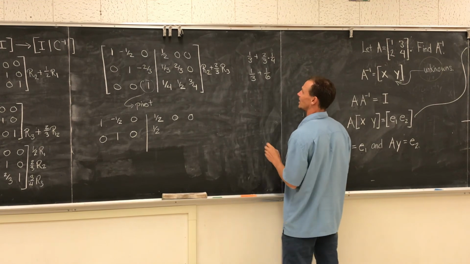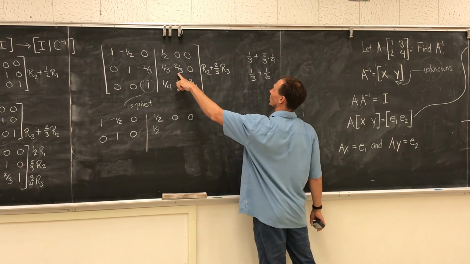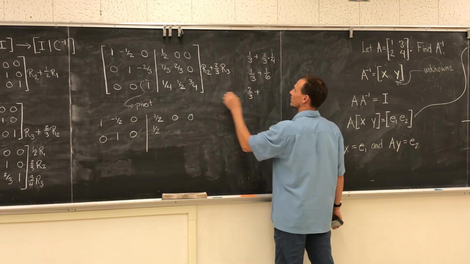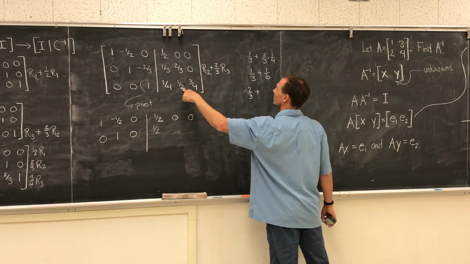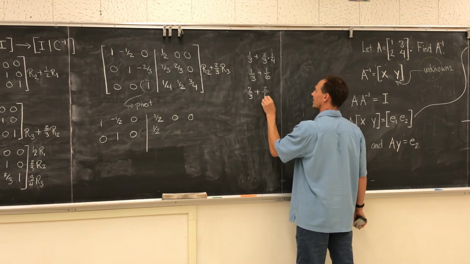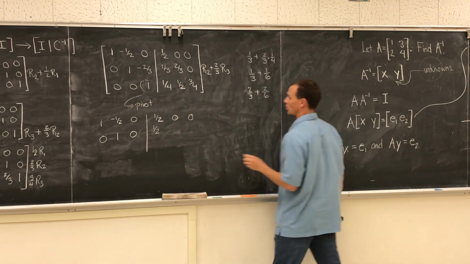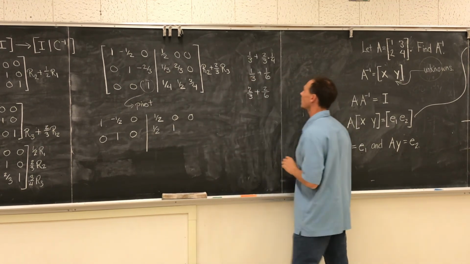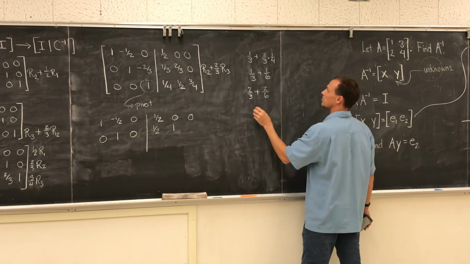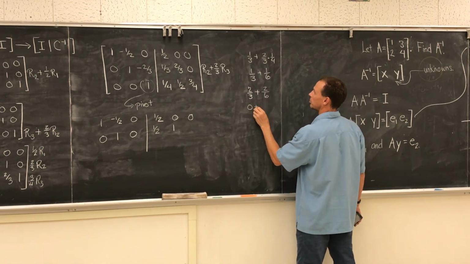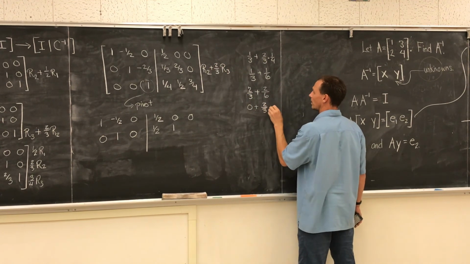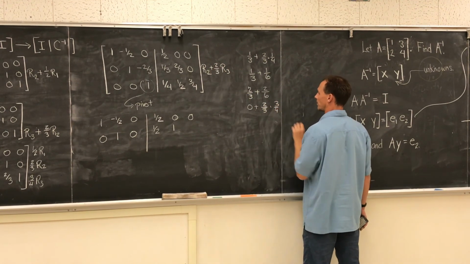Okay, and then we do this again. So now I'm going to have 2/3 plus 2/6, which is 1/3, so that's 1. And then I'm going to have 0 plus 0 plus 2/3 times 3/4.